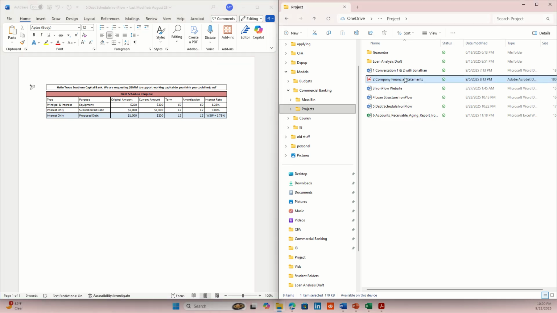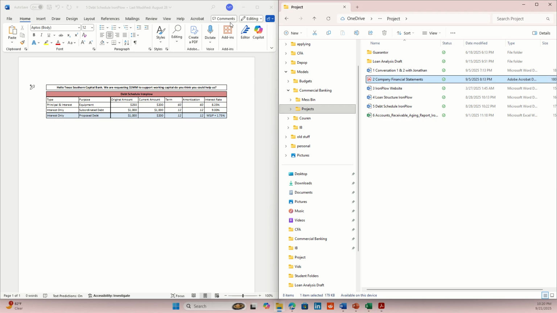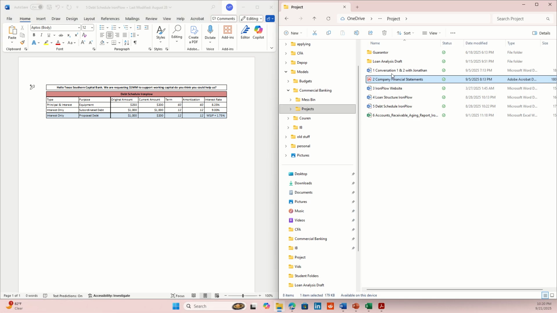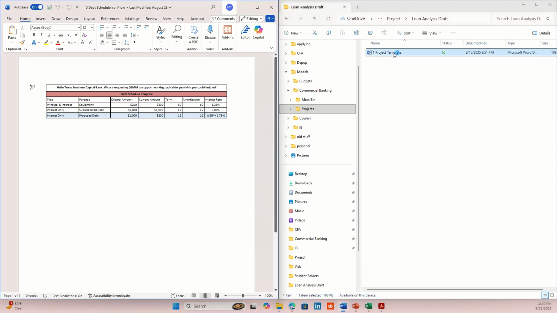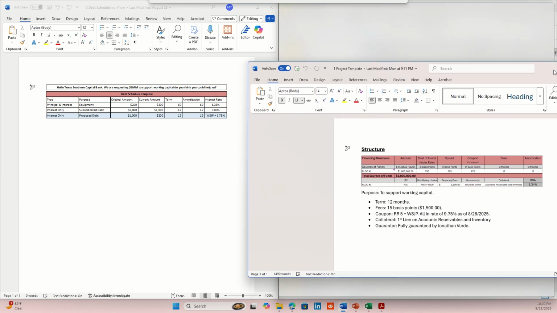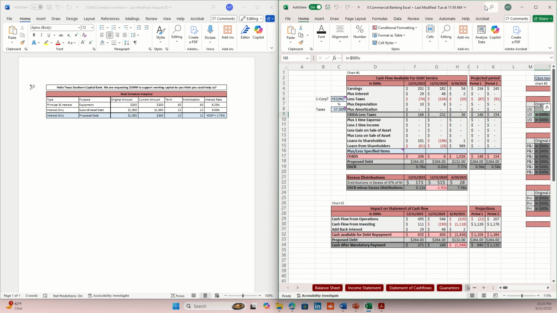And you're going to need the financial statements. Okay, so just to start, we're going to start off with the debt schedule. Oh, hold on. We need one more thing. We're also going to need the one project template. The project. Okay. So we're going to start off with the Excel.